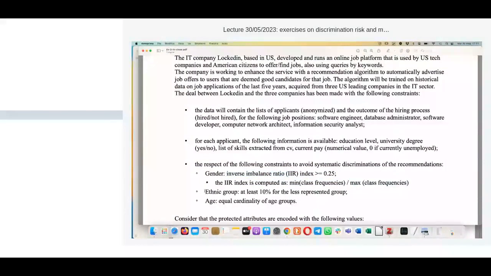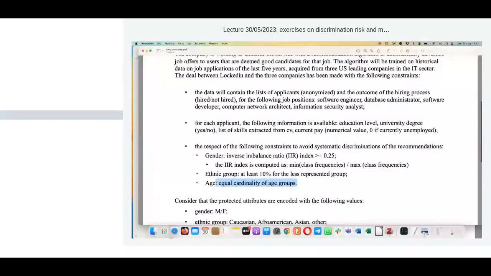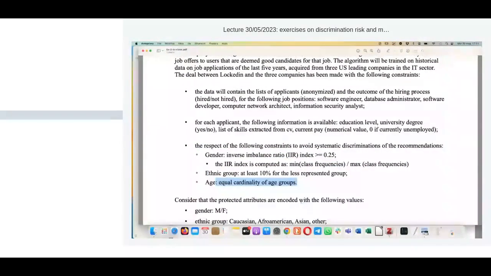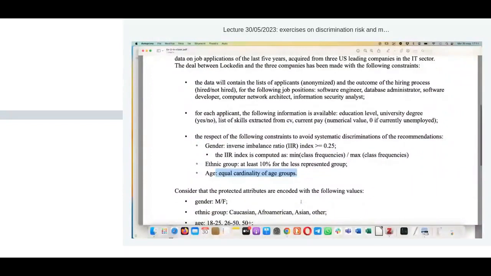Ethnic group: at least 10% for the least represented group. And age: equal cardinality of age groups. We don't know which are the age groups, but we know that for each group there should be the same cardinality, the same number of instances.